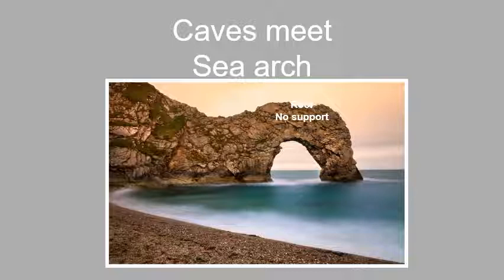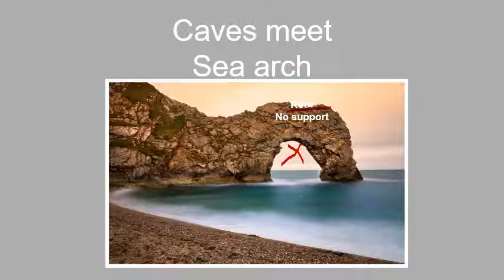Well, as you're looking at that, I think you will also pick up the fact that a sea arch is never going to be a permanent feature. Have a look. That roof over there, I'm going to do a little cross over there, has got absolutely no support.